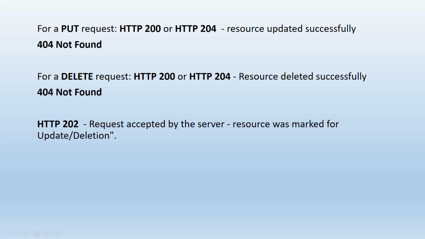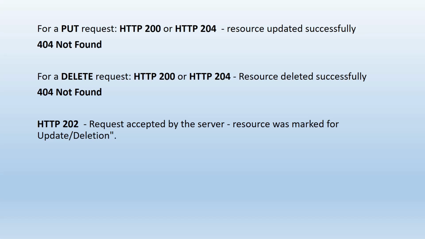There is another HTTP status code, 202. Using this status code we can indicate that the server has accepted the request, but it will take some time to update or delete.